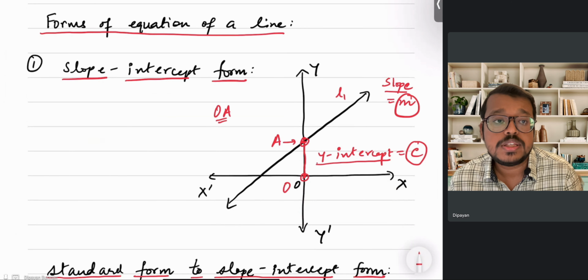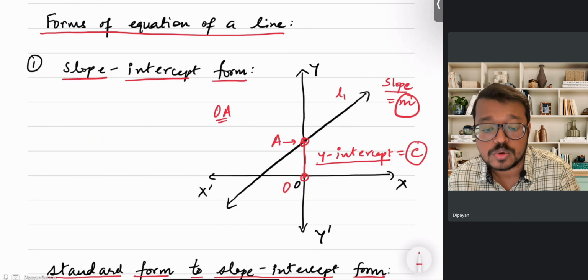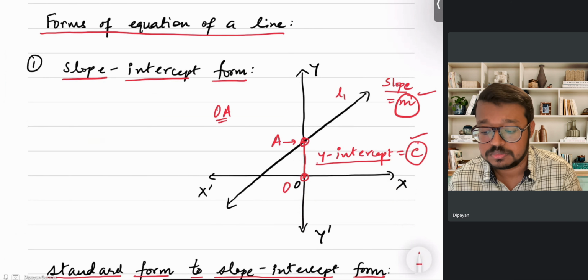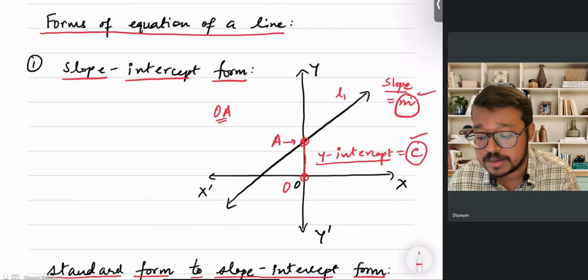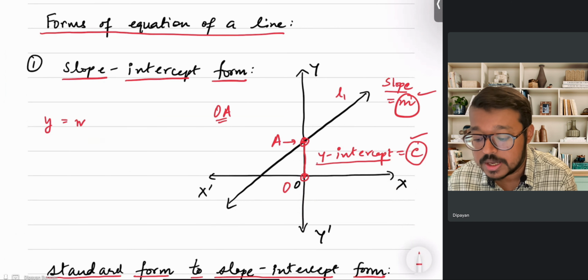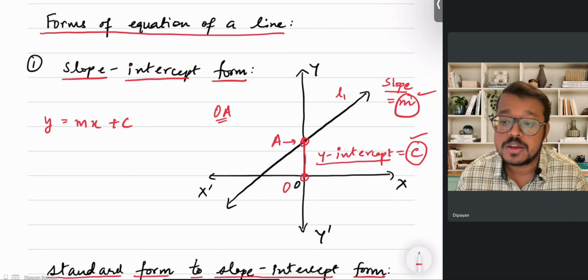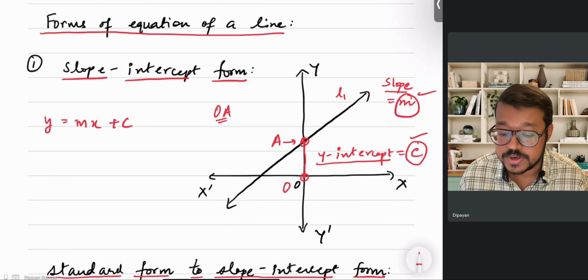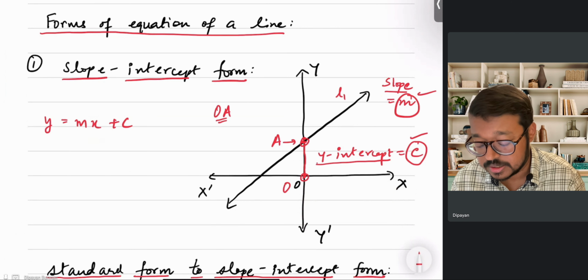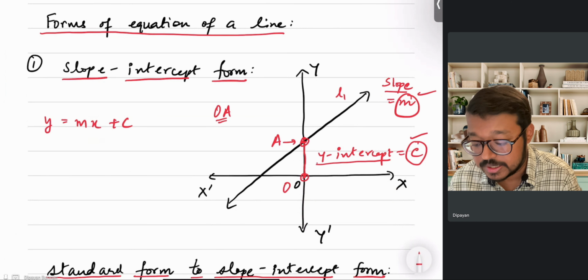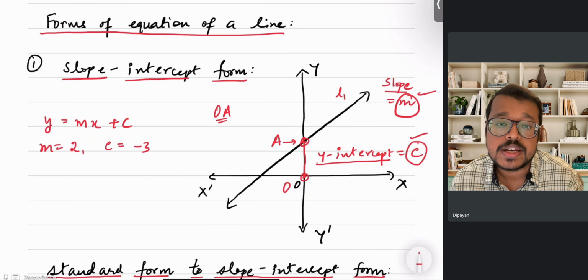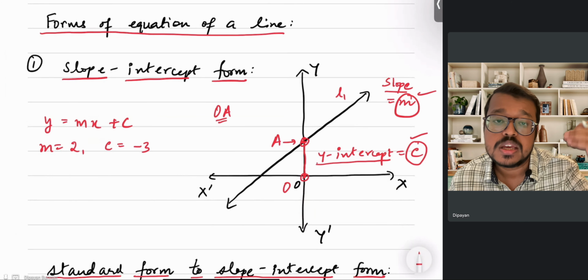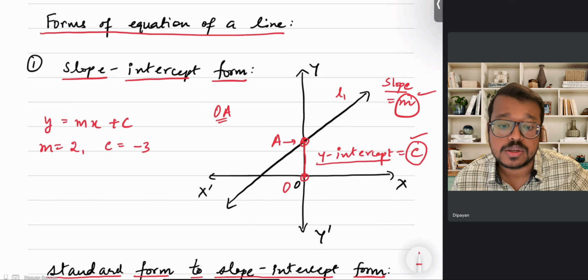If I know both these pieces of information, the slope and the y-intercept, then the equation of this line can be written as y equals mx plus c, where m is the slope of the line and c is the y-intercept. For example, if I had a slope m equals 2 and the y-intercept c equals minus 3, a negative y-intercept means that the line is intersecting the y-axis below the origin.